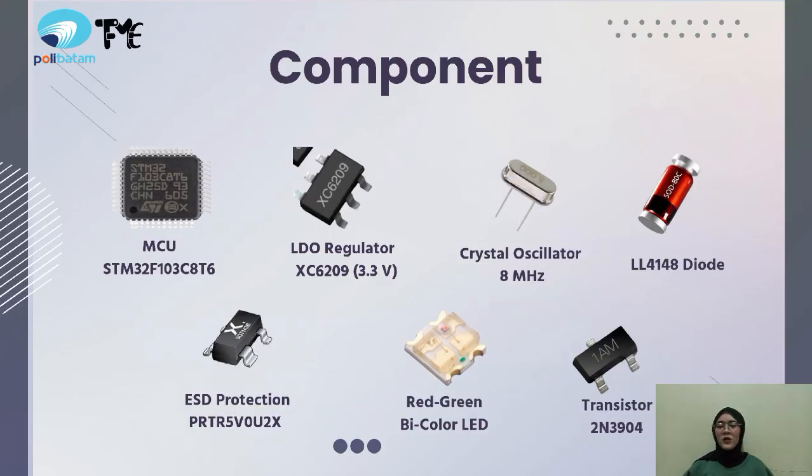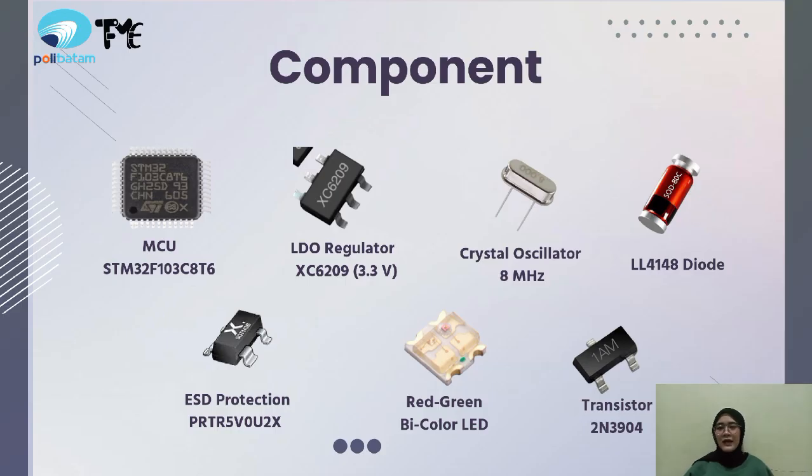On this slide, I will explain the main components used on our board. The first component is the STM32F103C8T6 microcontroller. It is the main controller of the system that processes all instructions and controls the entire board.